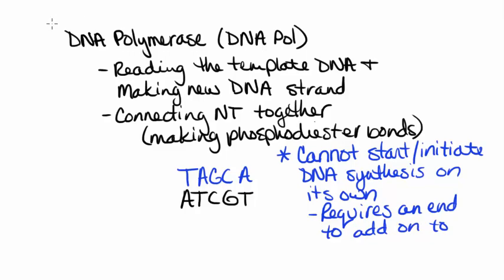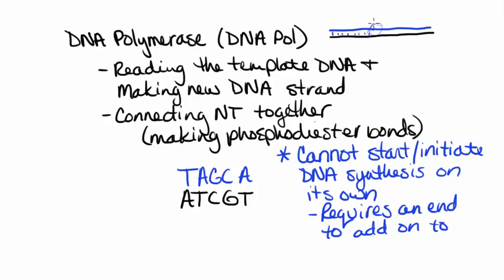So if we were to draw this, if we had this DNA sequence here and we had another DNA sequence here that was just a little bit shorter, and these would be connected together, if this end was available, DNA polymerase could see that and it could actually add on to it and start making that end longer. But if there wasn't an end there, then it wouldn't be able to just start making new DNA.